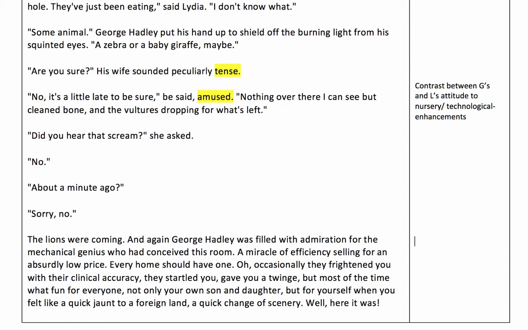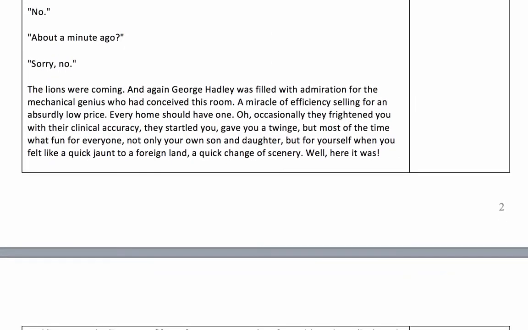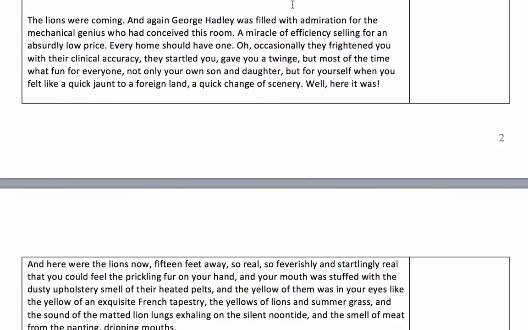Now the lions were coming. Again, George was filled again, so it's not the first time. Filled with, what is he? Admiration. He deems the person who had designed the room a mechanical genius.